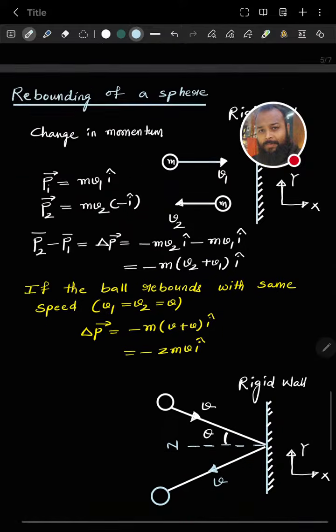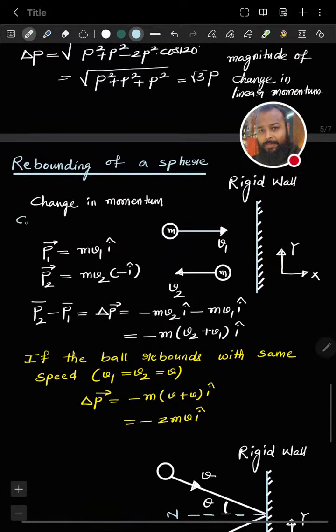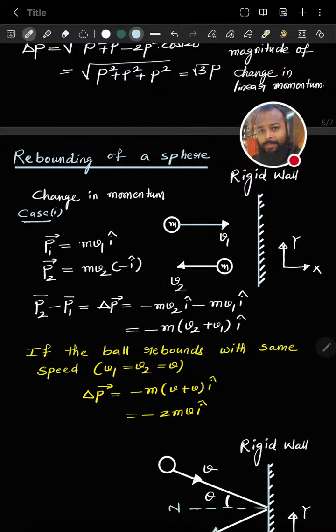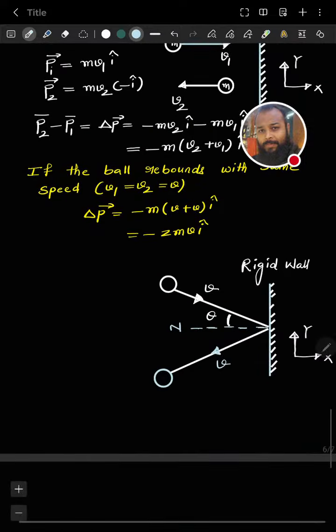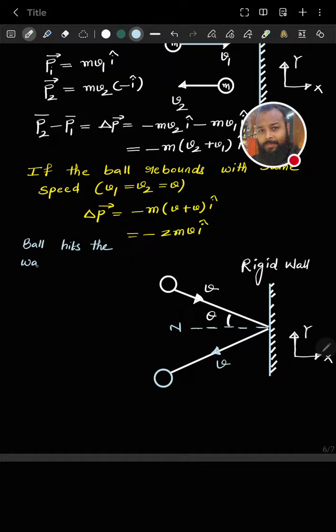Let's call this case 1. Case 1 is the case where the ball hits straight and comes back with velocity v2. Case 2 is where the ball hits the wall at an angle.